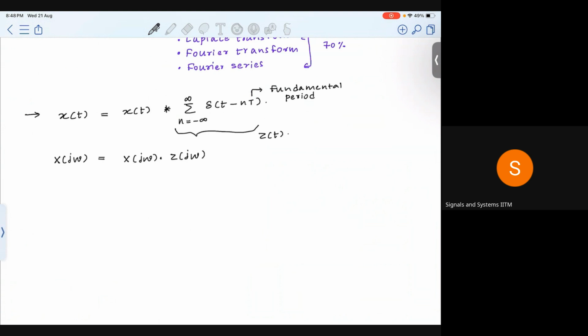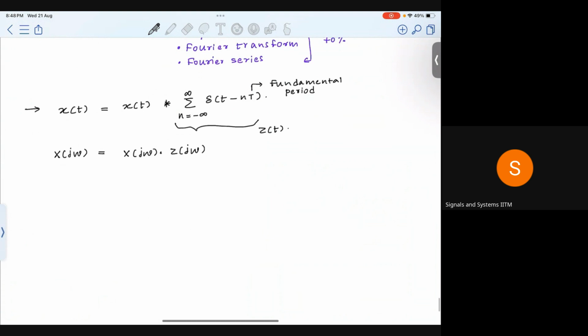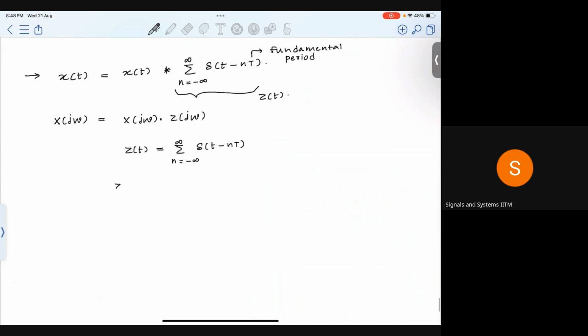Because convolution in the frequency domain representation becomes multiplication, right? And when you have your z of t as summation n from minus infinity to infinity, what happens to z of j omega?